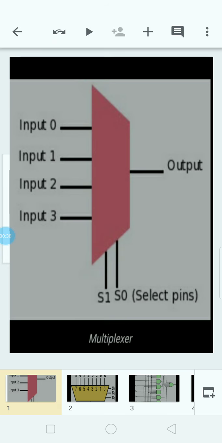The single pole multi-position switch is a simple example of a non-electronic circuit of a multiplexer, and it is widely used in many electronic circuits. The multiplexer is used to perform high-speed switching and is constructed from electronic components.